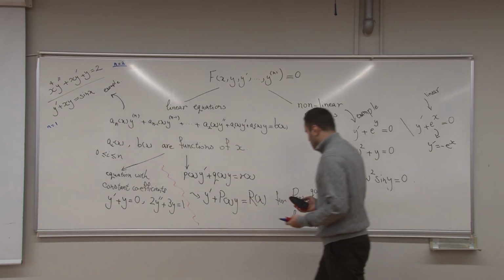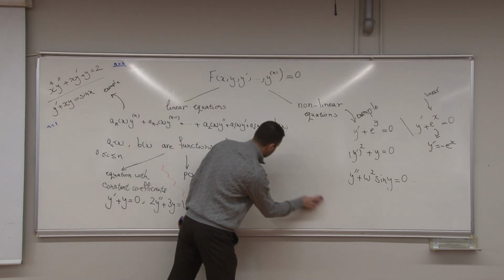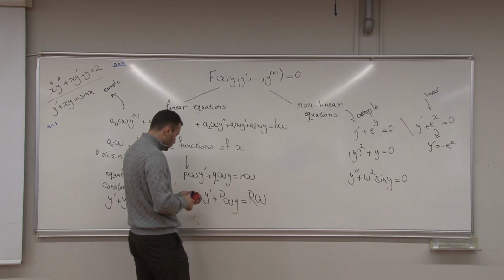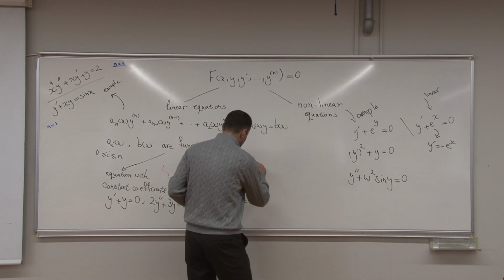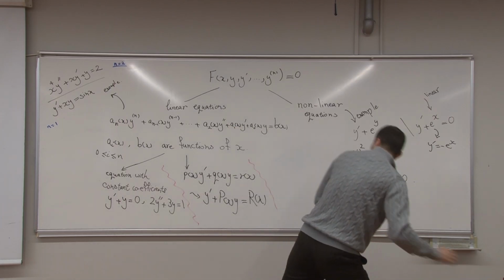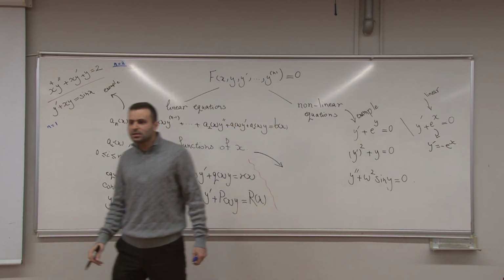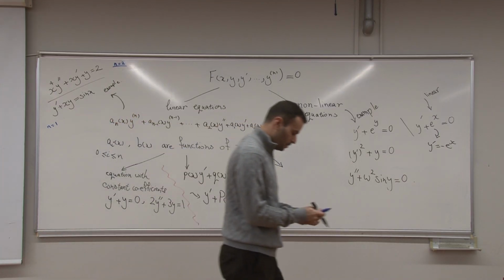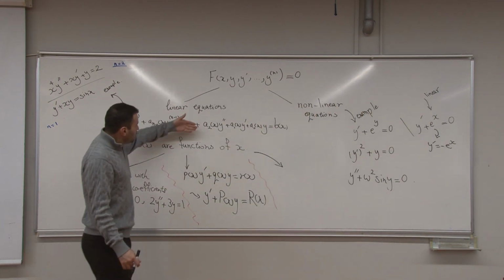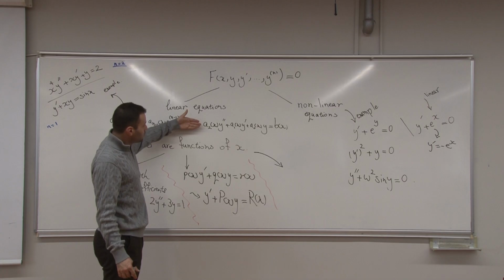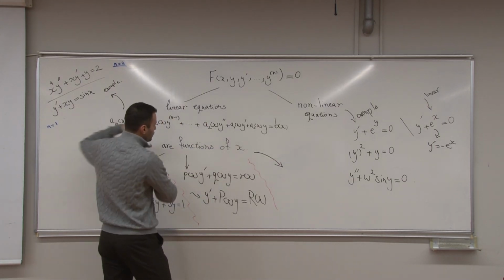I need to have some space, so let me just get rid of this. Let me open up some new space here. What about the general form of second order linear equations? When you're talking about a second order equation, you are talking about only this part, and the rest is just 0.